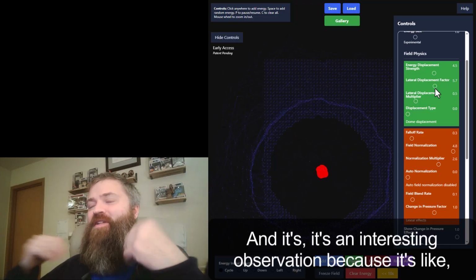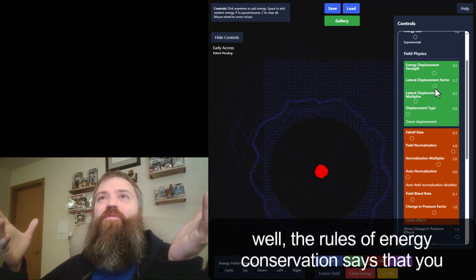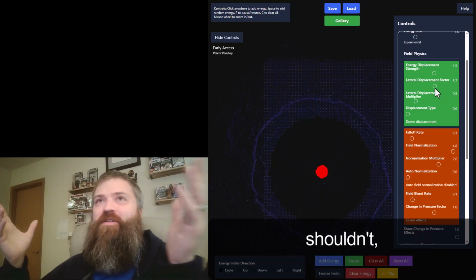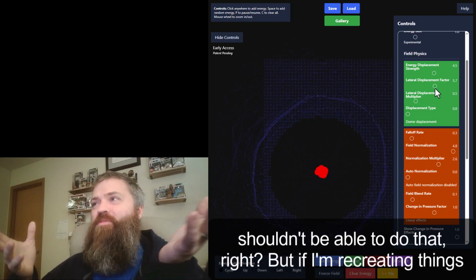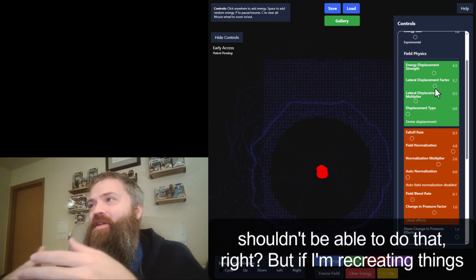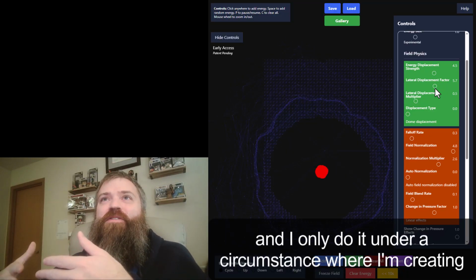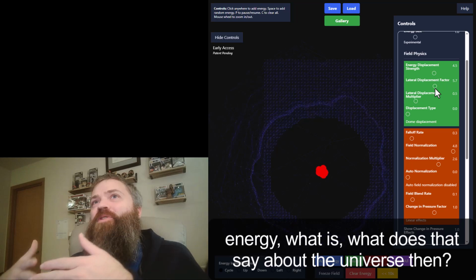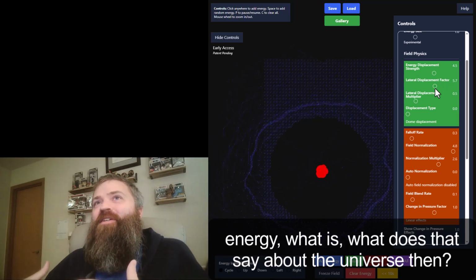And it's an interesting observation because the rules of energy conservation say that you shouldn't be able to do that, right? But if I'm recreating things and I only do it under a circumstance where I'm creating energy, what does that say about the universe then?